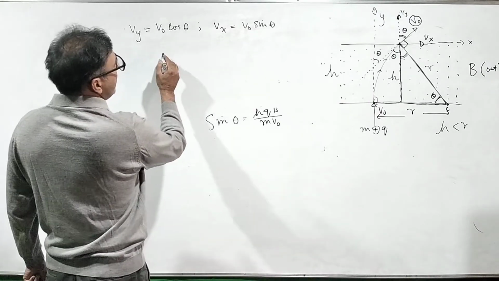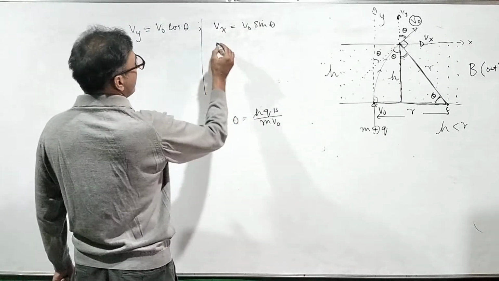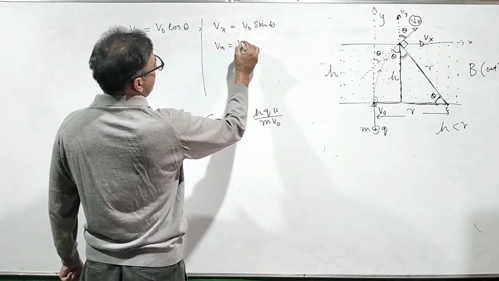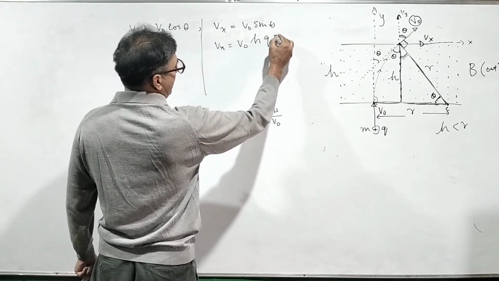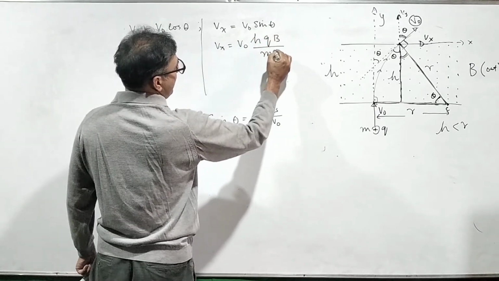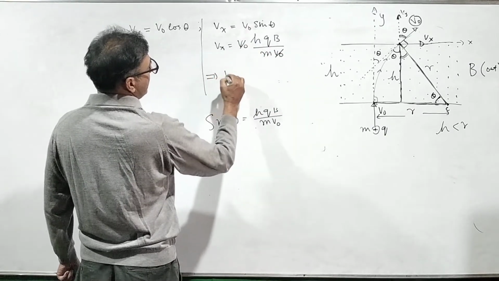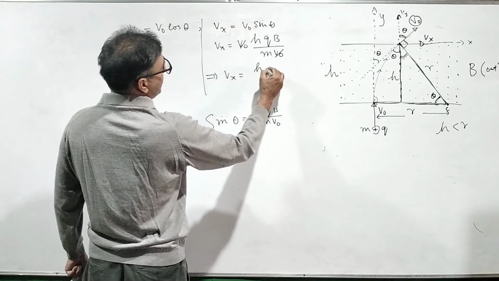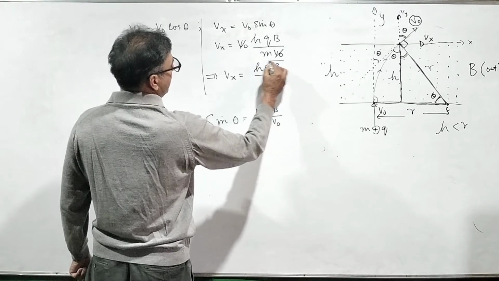Now, first let me find Vx, because this is easy to find, since sine theta I already know. Vx is equal to v0 sine theta, substituting h qB by mv0. This v0 cancels off. So Vx is equal to h qB by m.